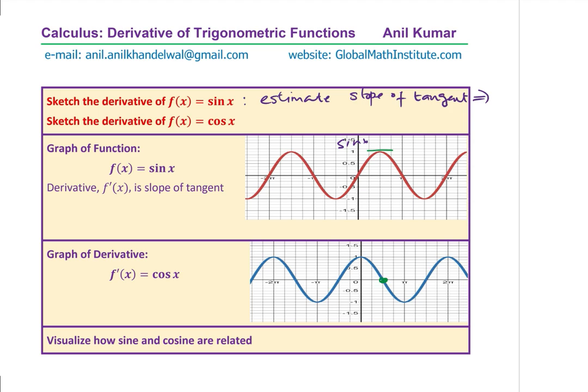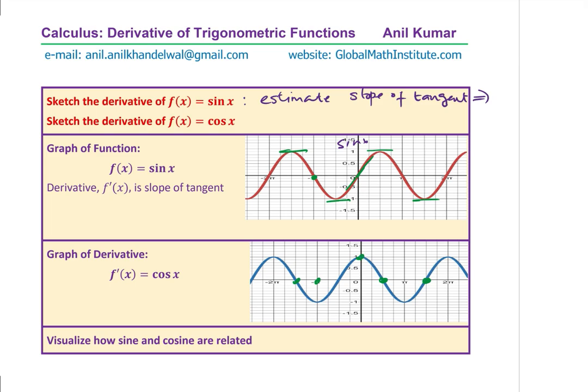Then again, we have a slope of 0 here, and that is the next 0. Likewise, we can see that all these turning points result into the slope of 0. The maximum tangent slope is at this point, which happens to be 1, as shown here.